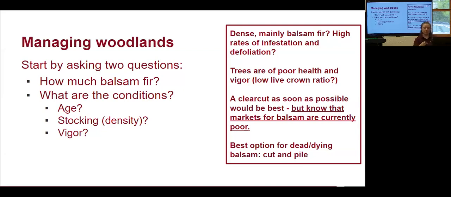You can figure that out by looking at what we call the live crown ratio. The live crown ratio is just the size of the tree crown compared to the total height of the tree. So a tree with a low live crown ratio is going to have a very small, scraggly looking tree. And when this is happening, we know that the tree is not photosynthesizing like it should. It's not accessing the resources that it needs, and therefore it's of poor health and vigor.